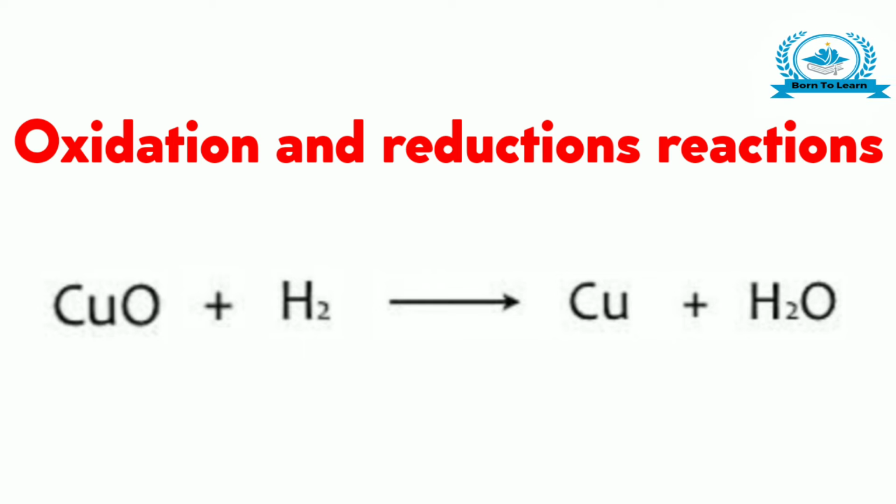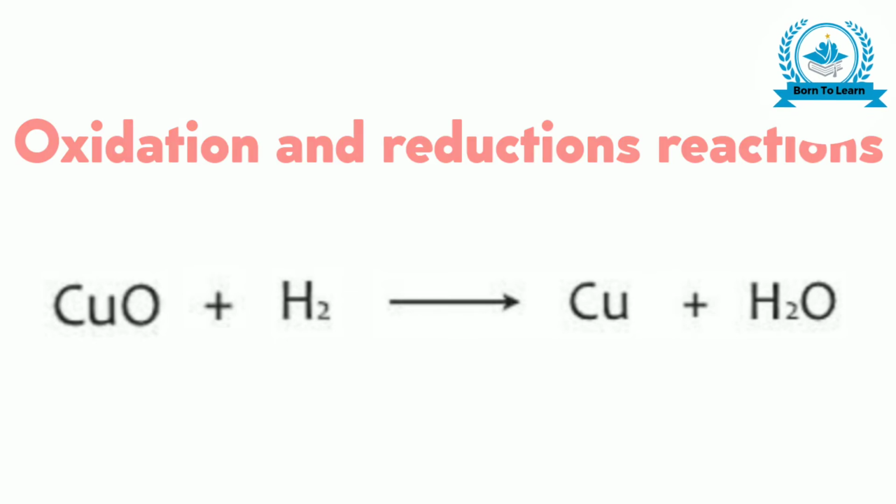Now, by definition, removal of oxygen from a substance is called reduction. So, we can say that copper oxide is being reduced to copper. 2. In this reaction, H2 is changed into H2O, that is, oxygen is being added to hydrogen. Now, by definition, addition of oxygen to a substance is called oxidation. So, we can say that hydrogen is being oxidized to water.